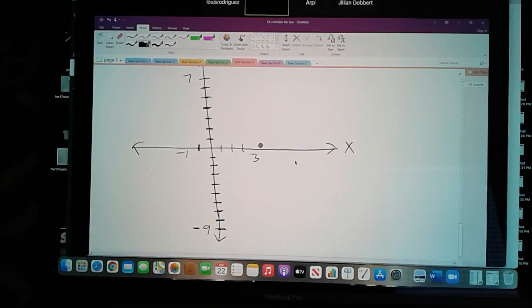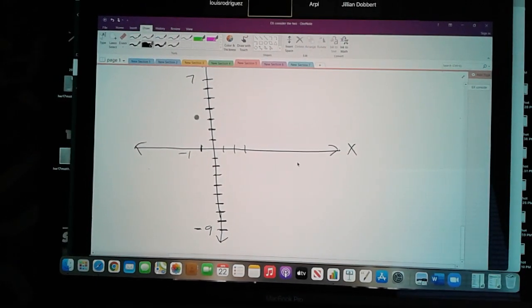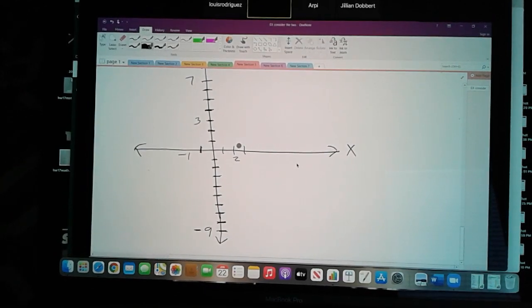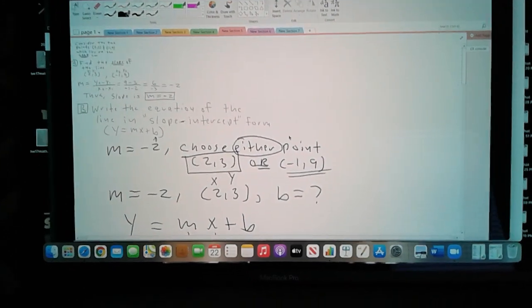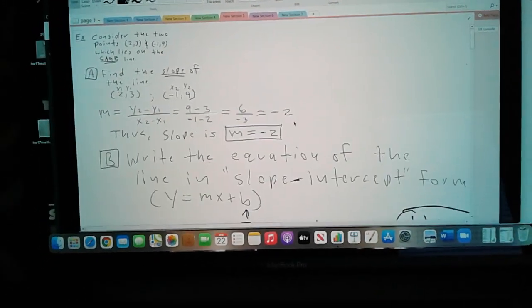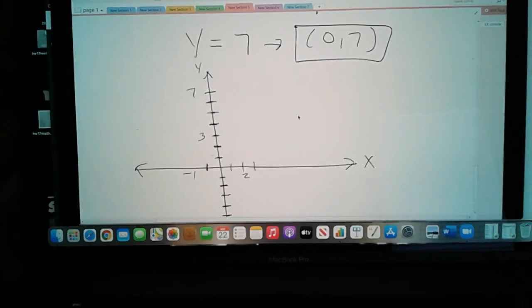All right, so let's graph the points. The points that we were given were the first 2 points, 2, 3 and negative 1, 9. I should have actually gone higher. Why did I go lower?